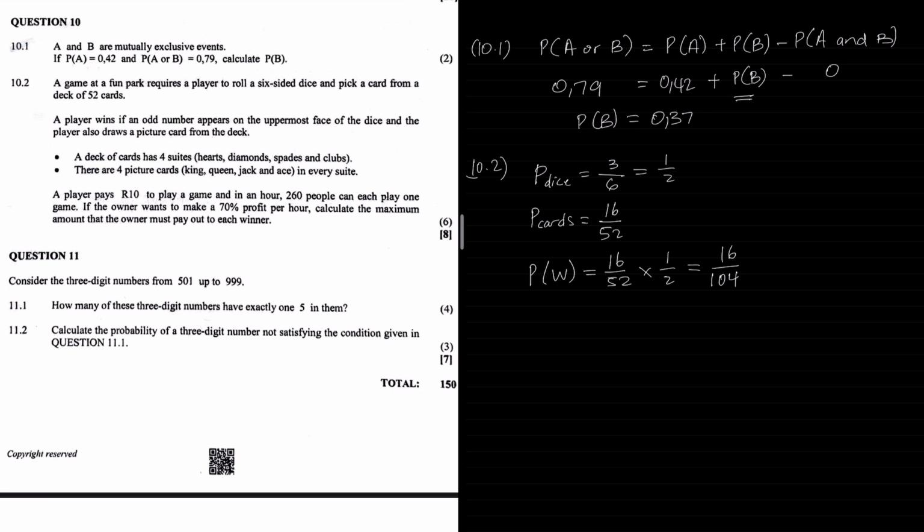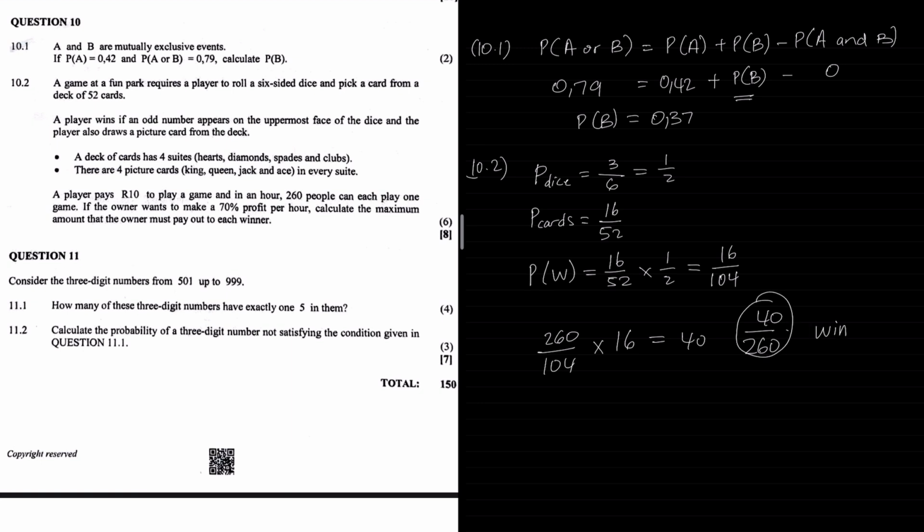So to do that, I'm going to say 260 divided by 104 times 16. So let's put that. 260 divided by 104 times 16. So 40. So 40 out of 260 people would win.